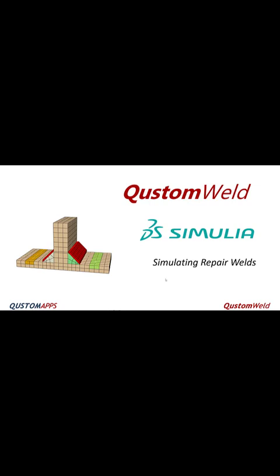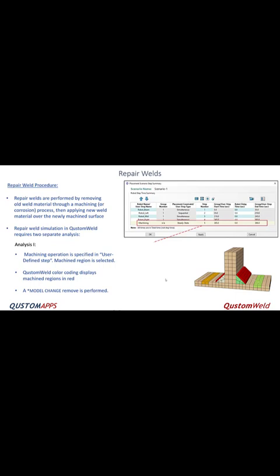And repair welds are essentially what can be thought of as two different types of operations. One is, let's say you're putting down a bunch of weld beads and the exterior gets kind of rough and difficult to put more beads down.